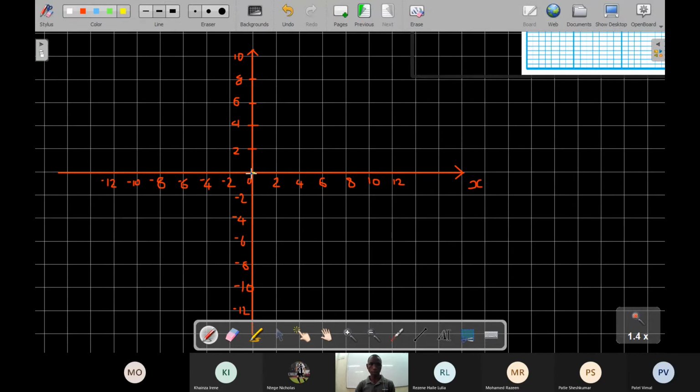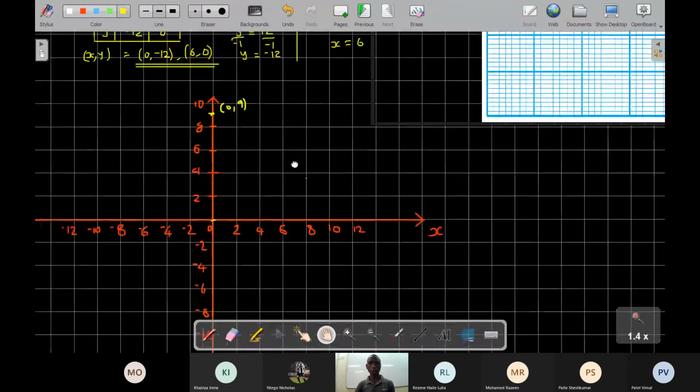On the vertical axis, 9 is between 8 and 10, so 9 is in the middle here. So I mark there. This point is 0, 9.